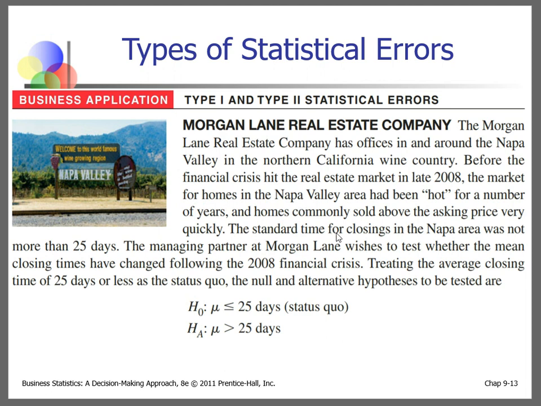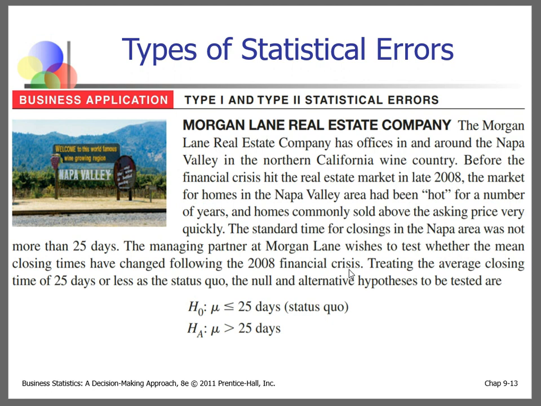The standard time for closings in the Napa was not more than 25 days. The managing partner at Morgan Lane wishes to test whether the mean closing times have changed following the financial crisis.